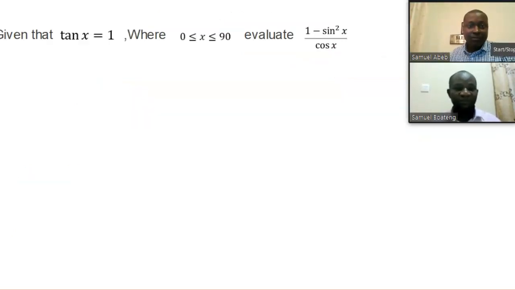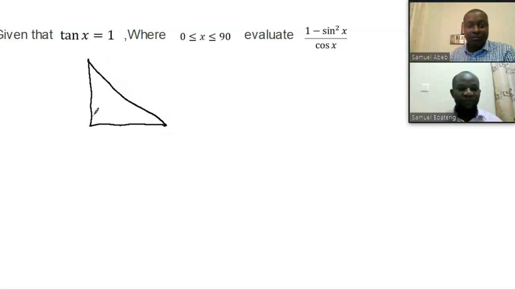Now the next question on the screen. Given that tan x is equal to 1, where x is between 0 and 90 degrees, evaluate 1 minus sine squared x all over cos x. As we did, we need to draw our right angle triangle.